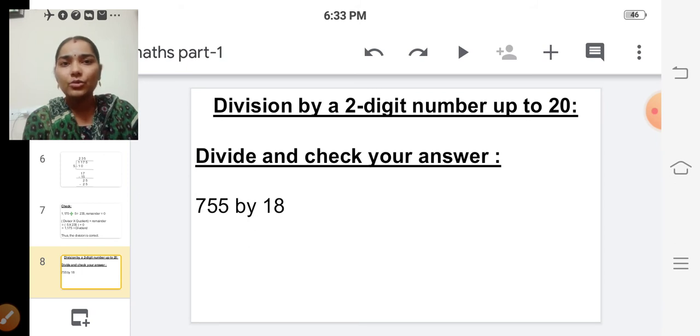From 10 to 20, isn't it? See the first example: divide and check your answer. 755 by 18. This 18 is less than 20, isn't it? So we are going to divide 755 by 18.